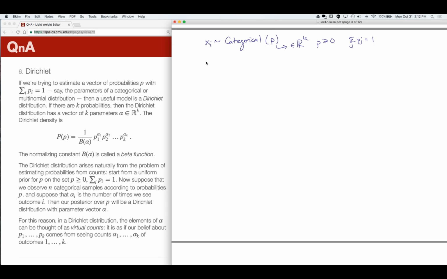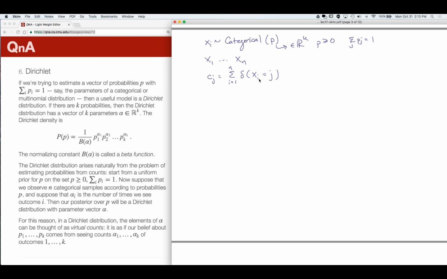And we have a sample x1 through xn. Then let's write the count cj equal to the number of times outcome j happens, which is the sum from i equals 1 to n of the indicator of whether xi happens to be equal to j, right?